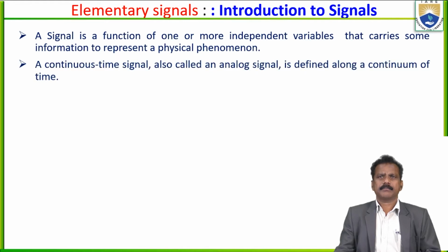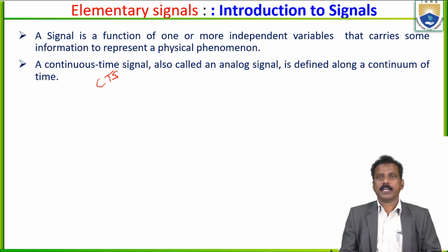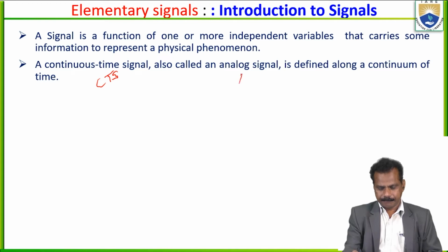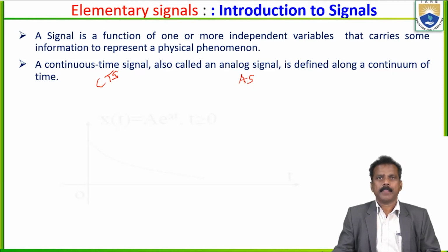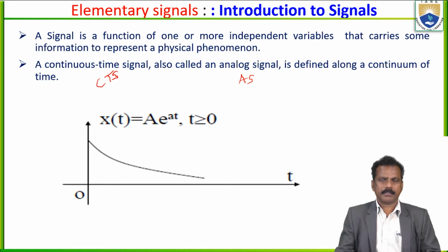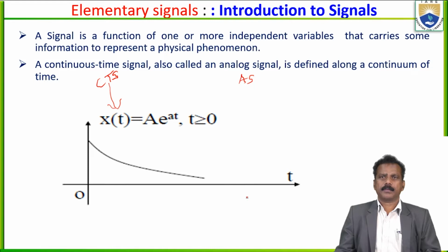A continuous time signal, CTS, is also called an analog signal. It is defined along a continuum of time. Here, in graphical terms t versus x of t, the continuous time signal follows x of t equal to a into e power a t, for t greater than or equal to 0.